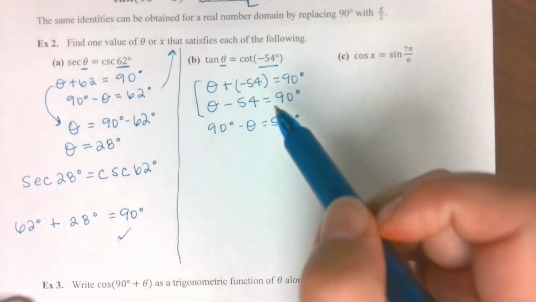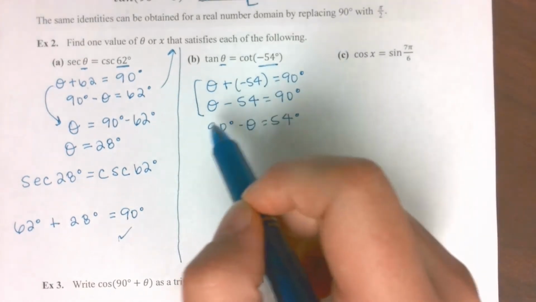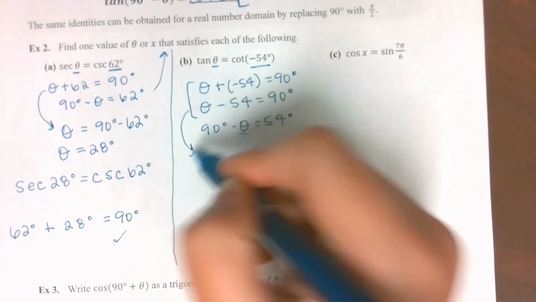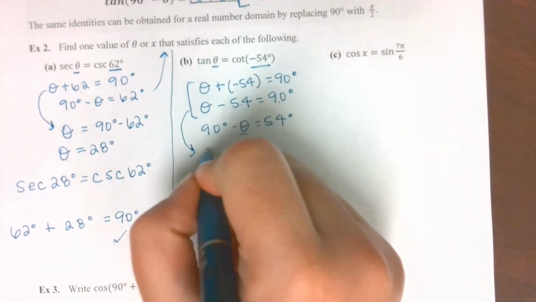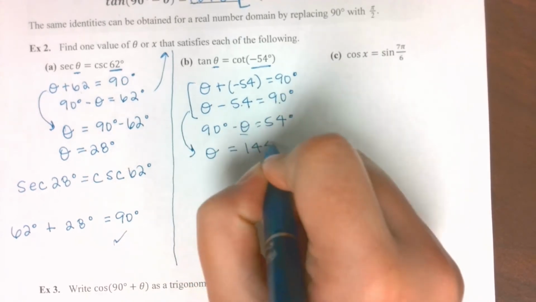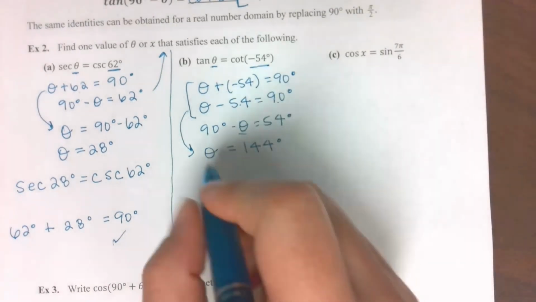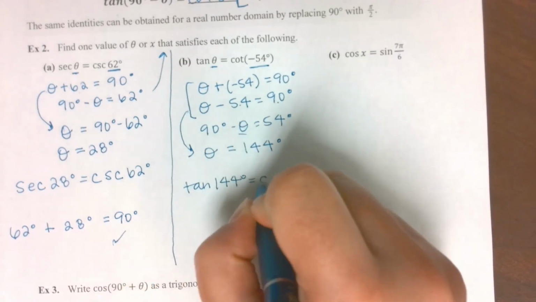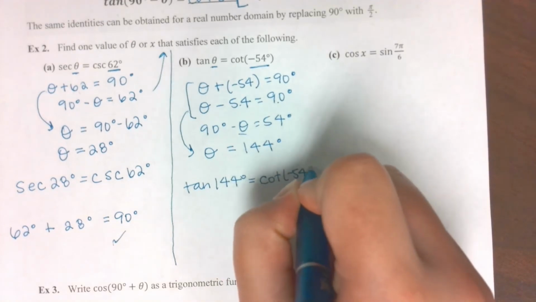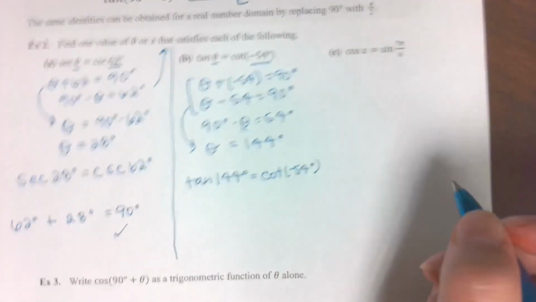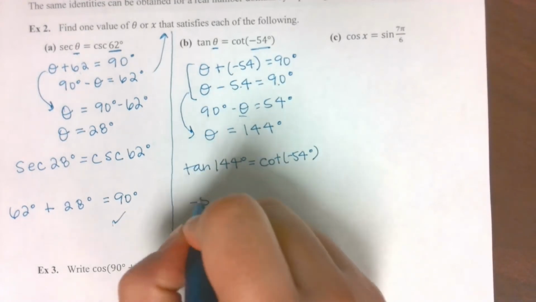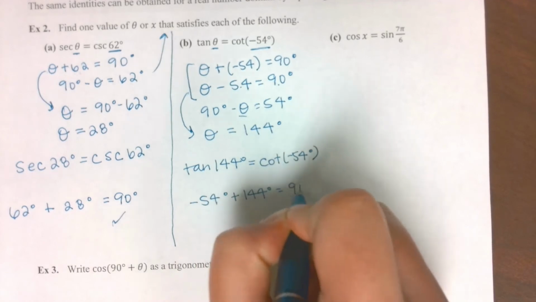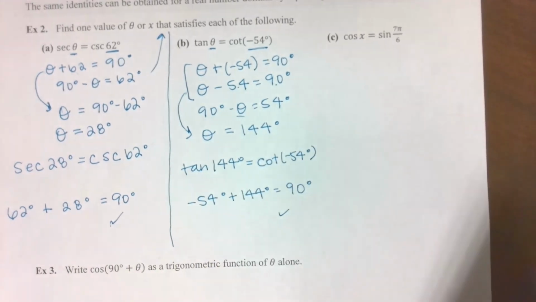Either way, whatever works best, as long as you're getting the correct theta. Adding 54 to both sides, theta equals 144 degrees. So tangent of 144 degrees equals cotangent of negative 54 degrees. You can always double check: negative 54 degrees plus 144 degrees does equal 90 degrees.